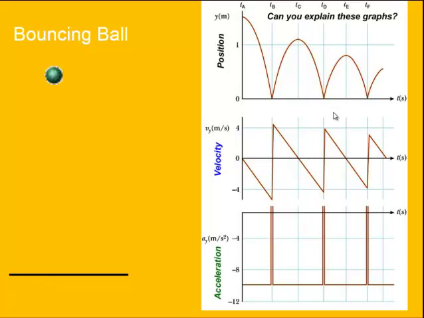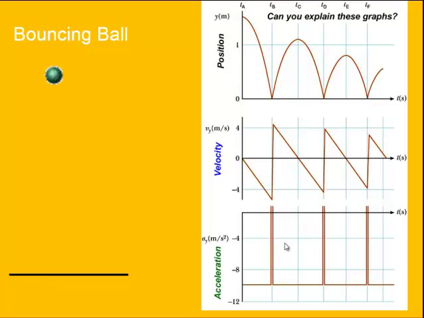The velocity we can see is, as it's falling down, it's in a negative direction, and then just as it reaches the ground, it's going up again, so we have a positive direction, and it falls down at a constant velocity, hits the ground, and then changes its direction, going up again, and onward and onward.